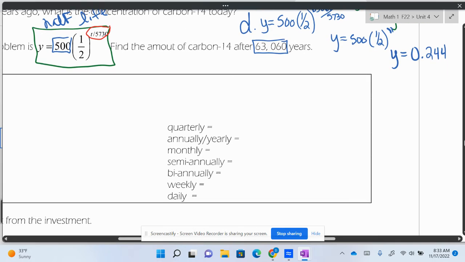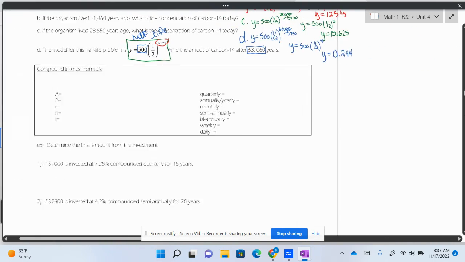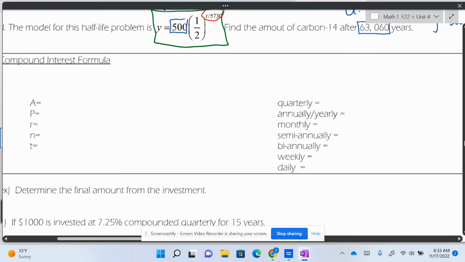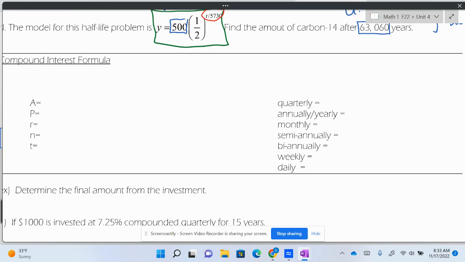We need to talk about compounded interest. Do you guys take a business class or anything like that? Do they offer that here? Okay. So anytime you purchase a home, a car, whatever, you're not paying simple interest, you're paying compounded interest. And your interest is compounded differently depending on the type of loan you have.